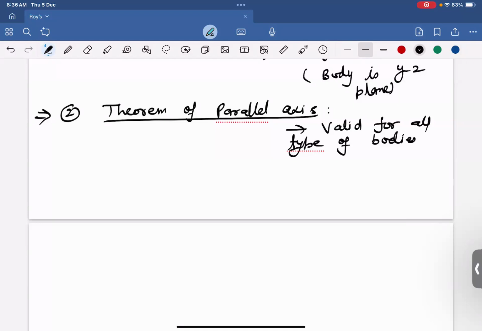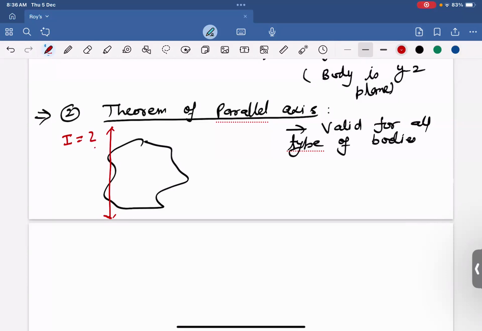And what is it all about? It says that if you have any arbitrary shaped body like this, and you want to find moment of inertia about a given axis, let's suppose about this axis I am trying to find the moment of inertia.